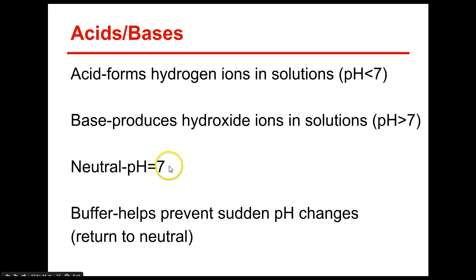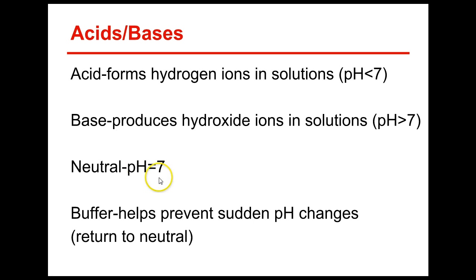Now, think of some other examples of materials that living things would want to be near a 7, like pond water or tap water that we drink, or milk, or blood, or urine. Those are all things that living things want to be close to a 7. Remember, acids and bases that are very low or very high on the scale can be very corrosive and they can burn.